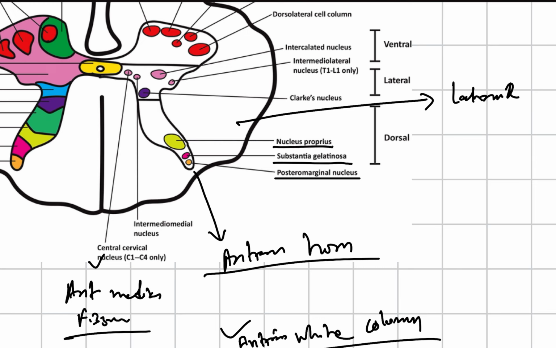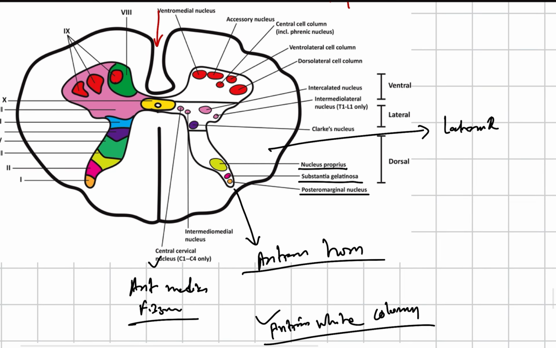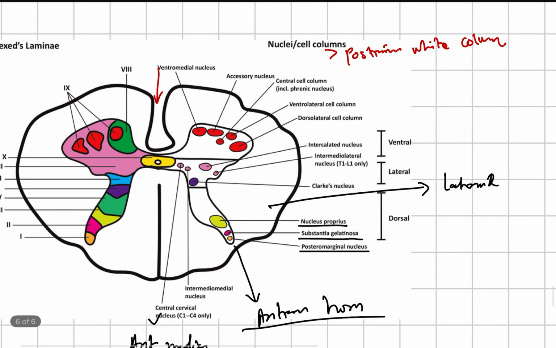Here is the Clark nucleus, and there is also a visceral nucleus, which is not given in this image. Then there is the intermediolateral nucleus, then the intermediomedial nucleus.